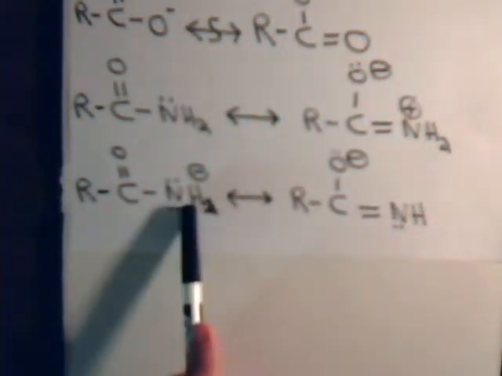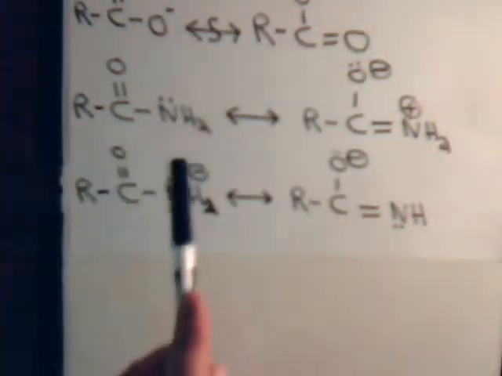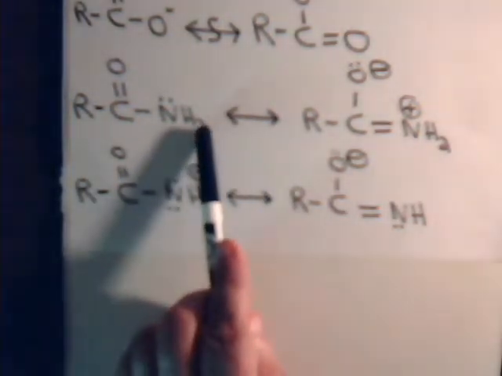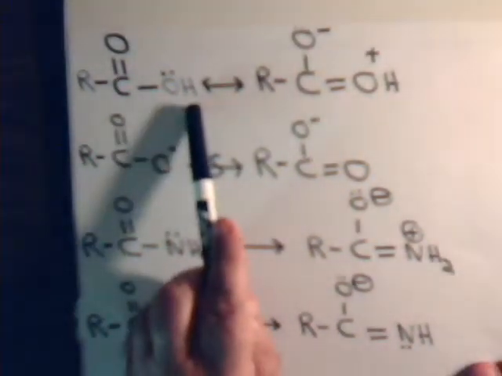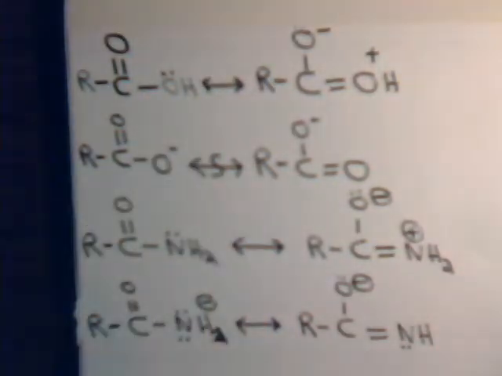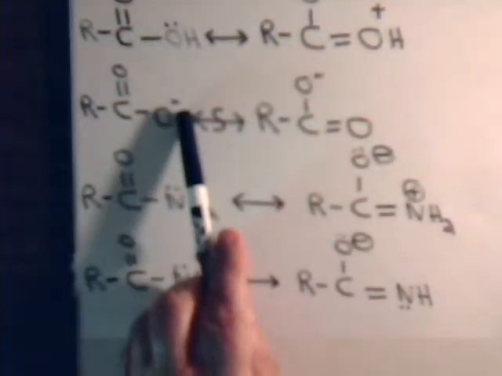It's not a bad resonance. It's better than this, so it will lose the proton, but the tendency to lose this proton here is less than the tendency to lose this proton here, again for two reasons. Number one, here the negative charge is on the electronegative oxygen.